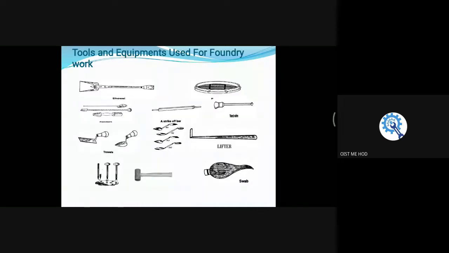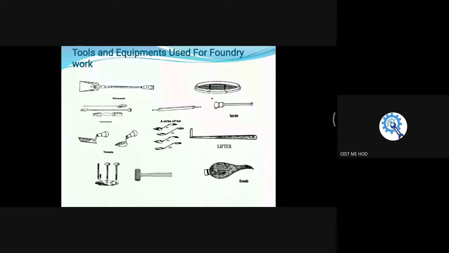And what type of tools you are going to use for the foundry work? First one, you can see the image. इसमें बहुत सारे लोग इंग्लिश में पता भी नहीं होगा टेक्निकल, what is the technical names for that one. ऊपर में जो होता है उसको हिंदी में बेलचा कहते हैं, या फावड़ा कहते हैं, but actually this is called shovel. फिर जो छन्नी होता है, छन्नी को हम लोग सीव कहते हैं या तो रिडल कहते हैं. इसका यूज होता है बालू को छानने के लिए. इसके बाद स्वैब का यूज होता है. उसके बाद बिलो का यूज होता है, उसके बाद लिफ्टर का यूज होता है, उसके बाद हैमर का यूज होता है.